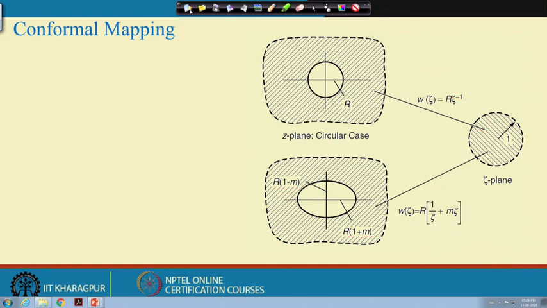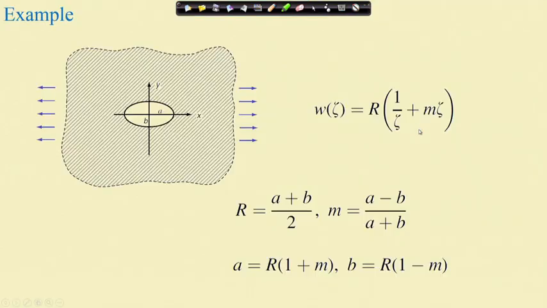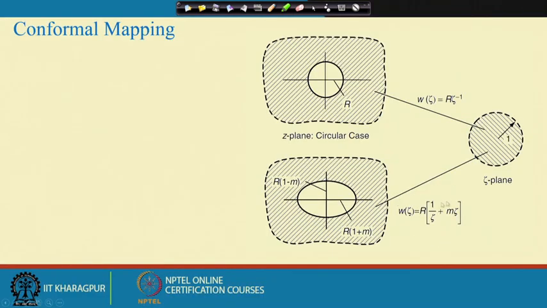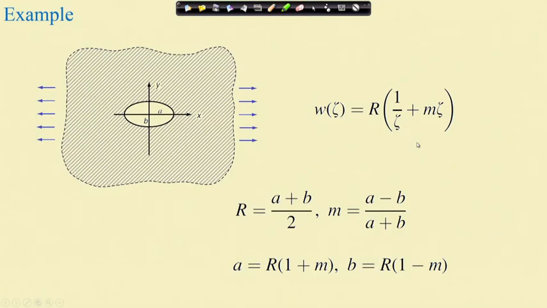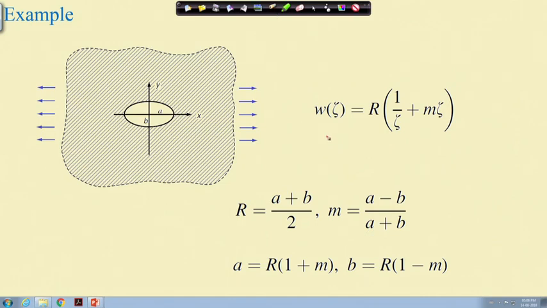Now, take this example. Just now we discussed this map, this transformation we have.